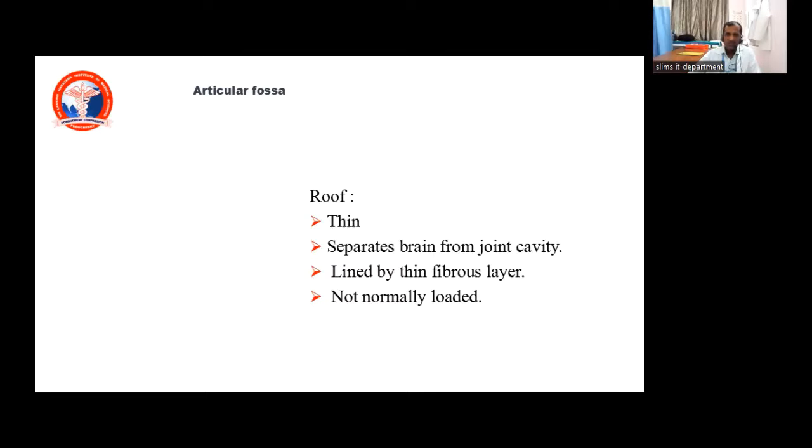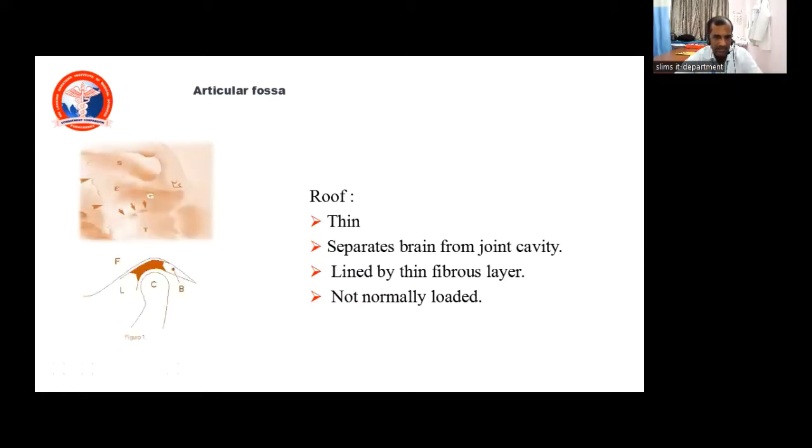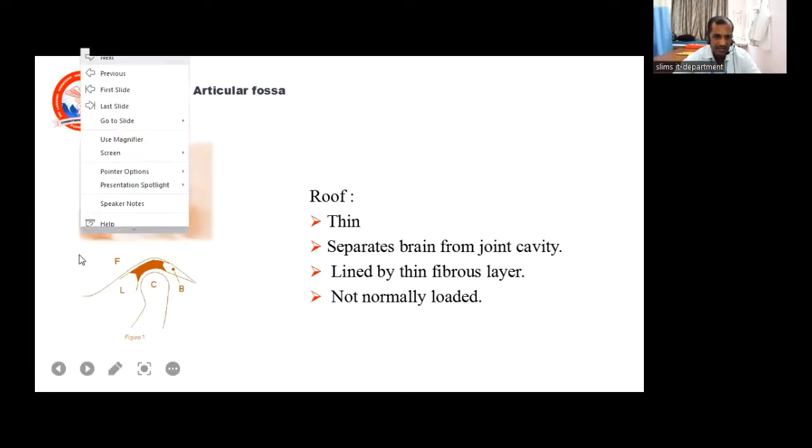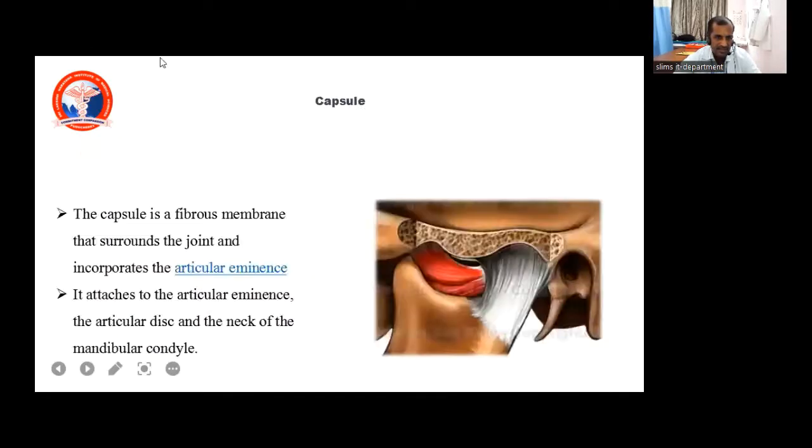It forms the roof of the temporomandibular joint, and it is the structure that separates the brain from the joint cavity, and it is lined by a thin fibrous layer. Now, you can very well appreciate the structure of the joint.